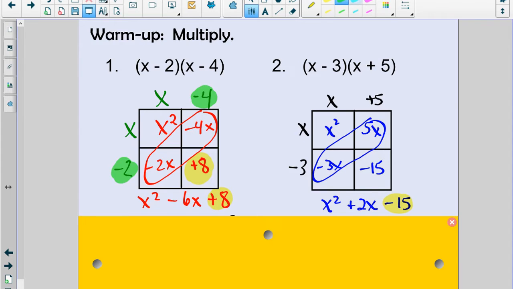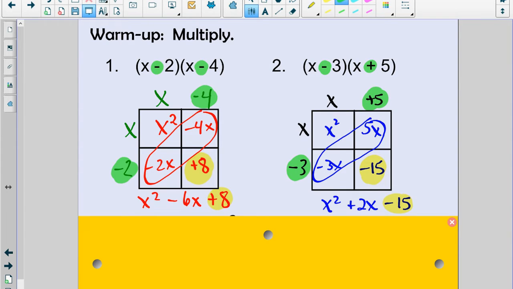Number 2, if we look at that same idea, how did we get a negative number in that last box? Well, we multiplied a positive times a negative to get a negative number. And notice that's what we have inside our parentheses, a positive and a negative. But in the first example, we had a negative and a negative, which multiplied together to be a positive at the end.